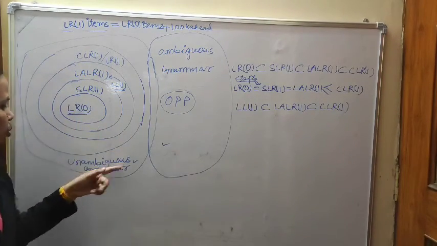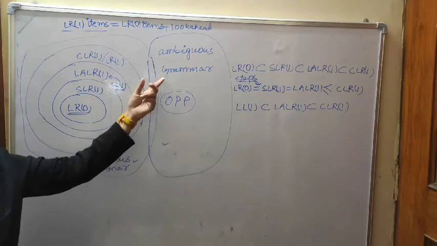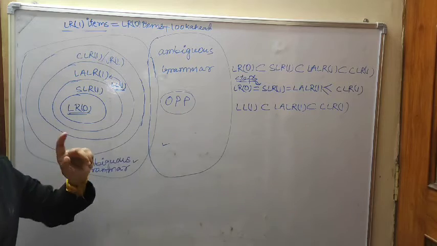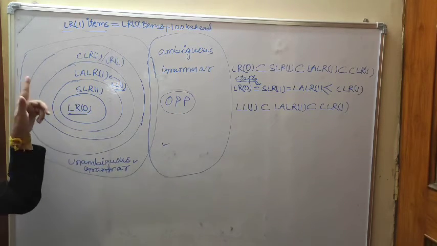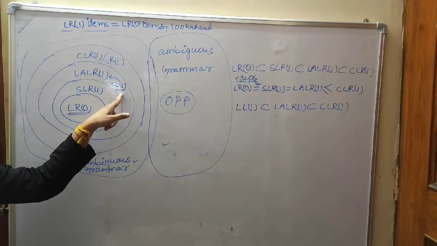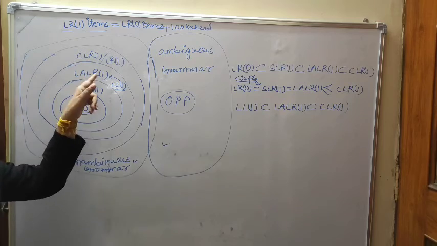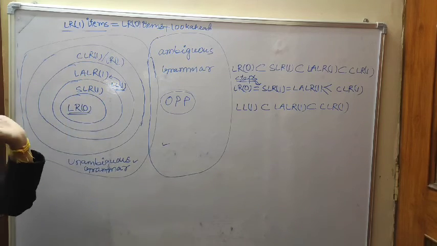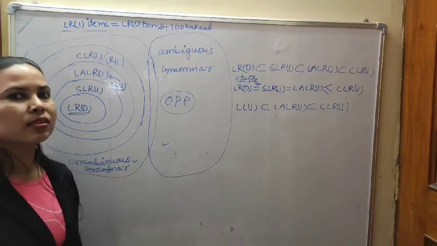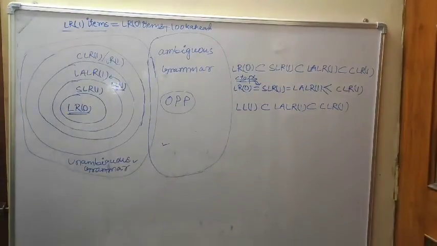Okay, no parser table accepts the ambiguous grammar, only the operator precedence parser accepts it. Okay, every parser can accept unambiguous grammar. If any grammar is LL1, then definitely it is LALR1. Okay, so this is the parser, and in the next slide we will see syntax directed translation. Okay, you will note this down.